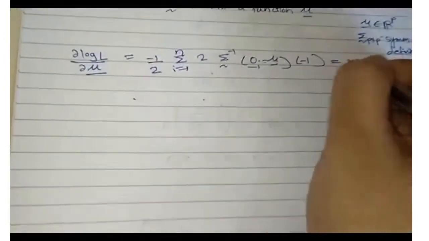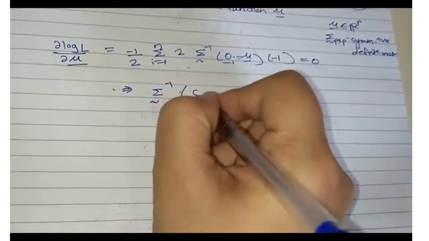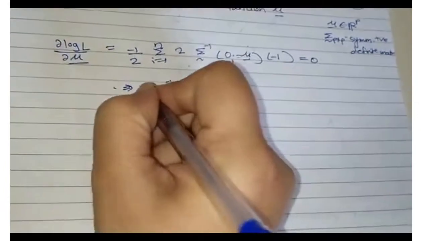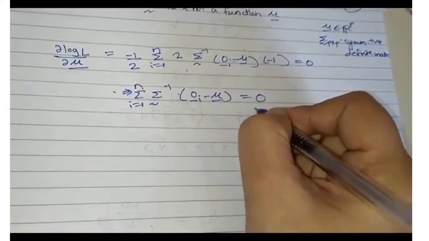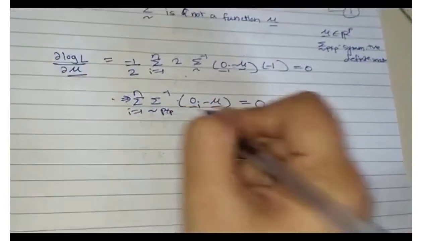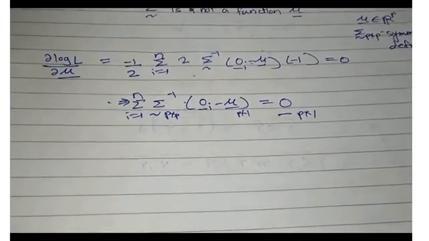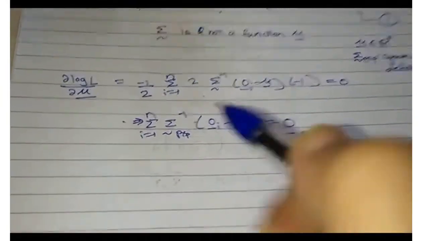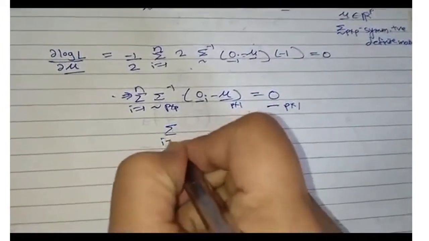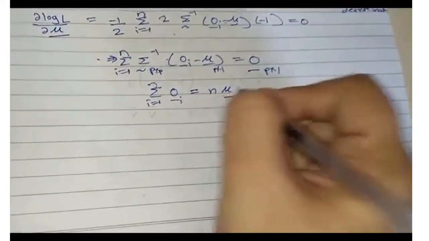So if I equate this to 0, I am left with sigma inverse times summation (o_i minus mu), i going from 1 to n, equal to 0. 0 of course is a vector, because this is p cross p, this is p cross 1, so this 0 has to be p cross 1. And this is 0, not O. Now if I pre-multiply by sigma, I will get summation i going from 1 to n of o_i equal to n mu.